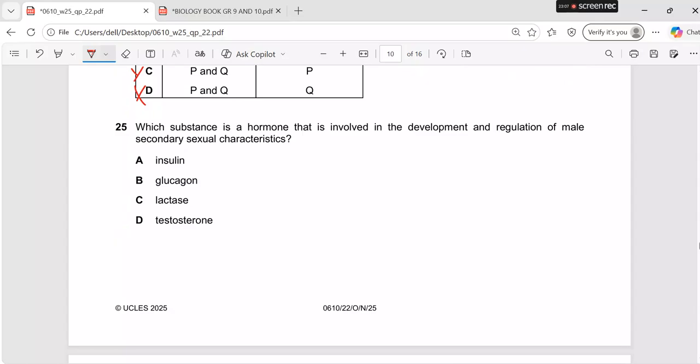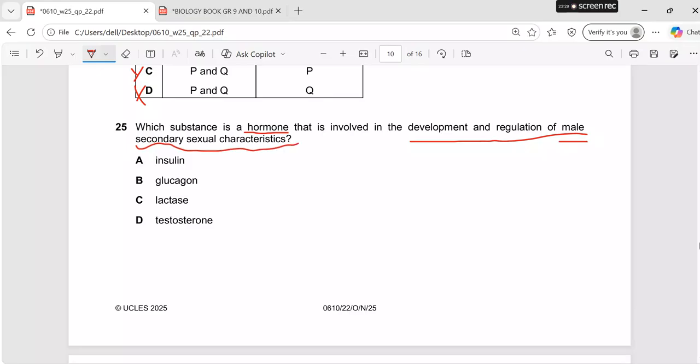Oh, we reached 25 finally. Which substance is a hormone? So we have to talk about a hormone that is involved in the development and regulation of male secondary sexual characteristics.